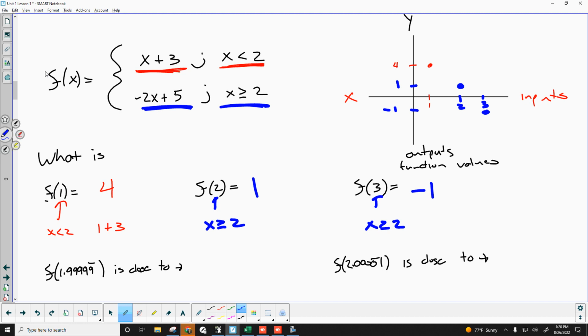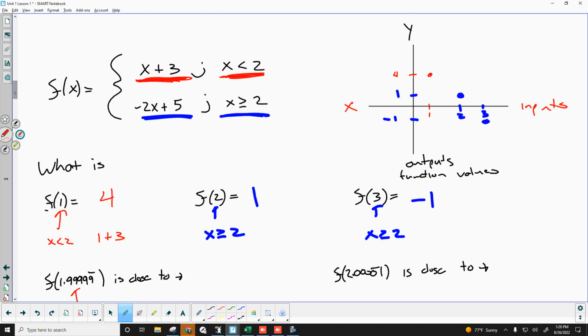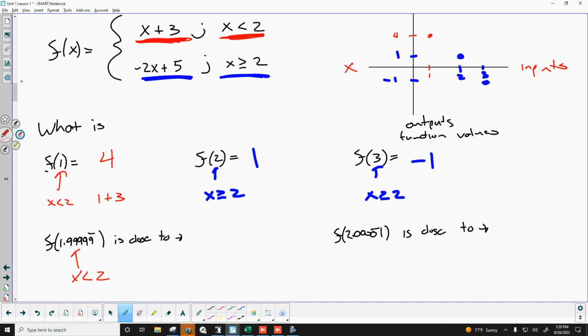Ready? I know that this number is less than 2, which means I need to plug it into x plus 3. Now I'm going to use my calculator to display kind of what you might have expected.